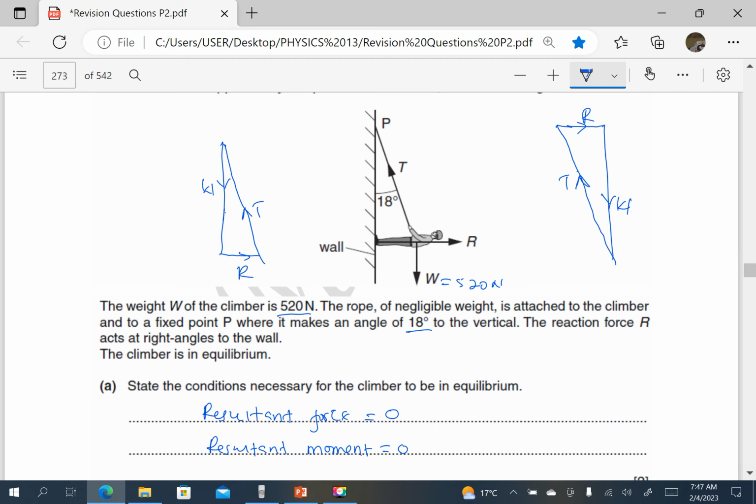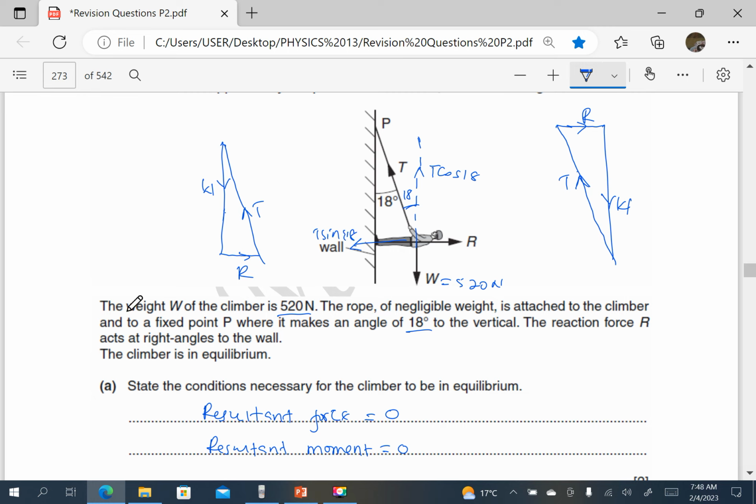So let us resolve T. If I draw a vertical line here, you notice that this angle is also going to be 18. When I resolve T in the vertical, it points upwards, and it will be T cos 18. When I resolve T in the horizontal using the angle 18, it will be T sine 18, pointing to this side.